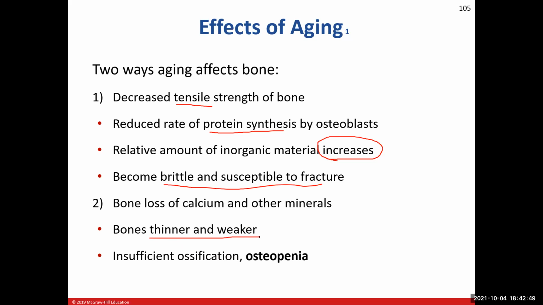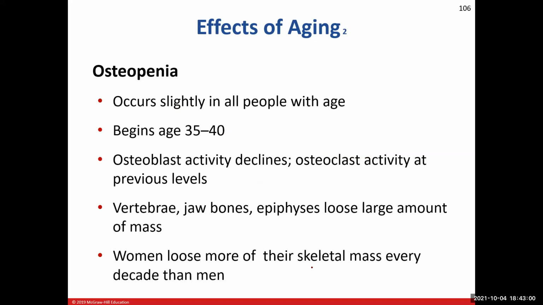When we see this thinner or weaker bone, we have a term called osteopenia. Let's talk about osteopenia. We'll start to see this in the third and fourth decades of life, and this will occur in pretty much everybody the older we get. Of course, it varies from individual to individual because of genetics and activity and whatnot, right?